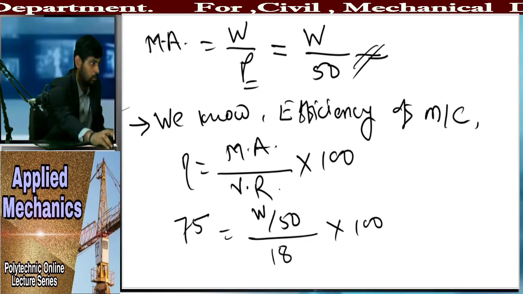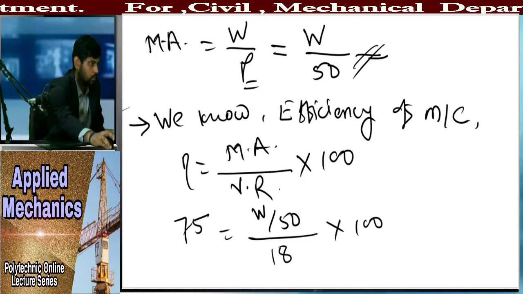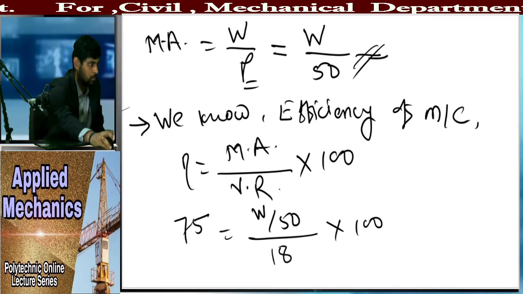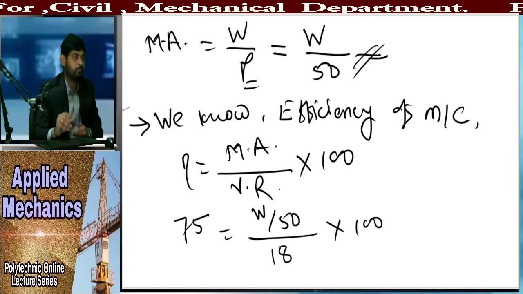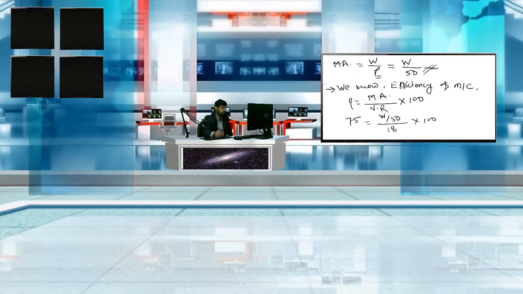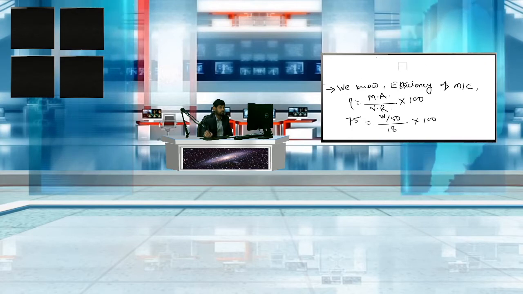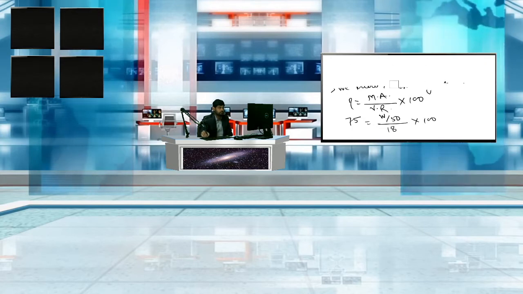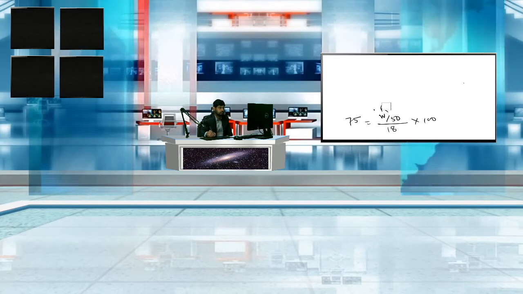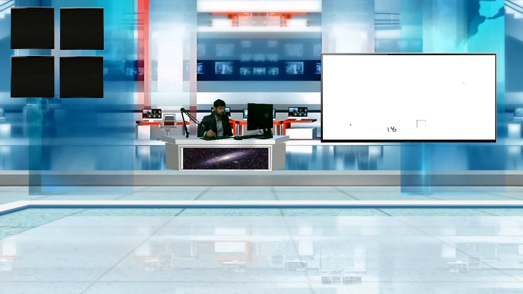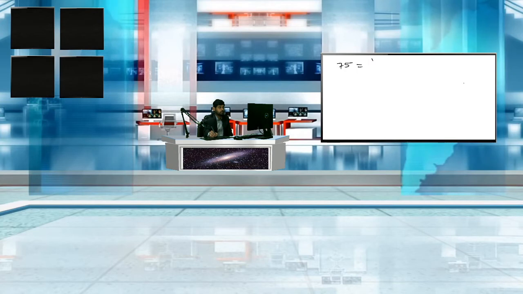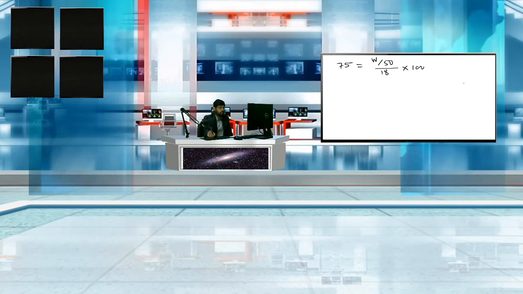Right, now you can see here efficiency is 75% is equal to W upon 50 divided by 18 into 100.